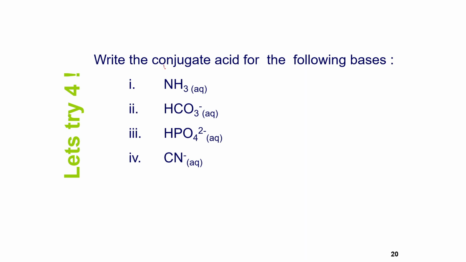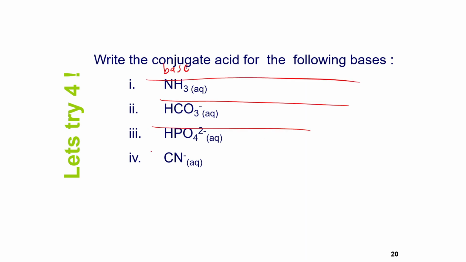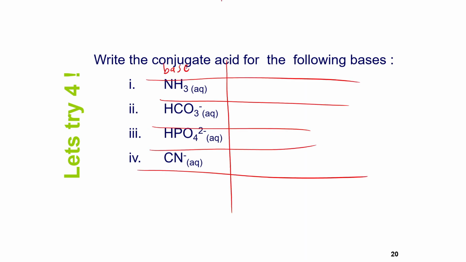So ini semua ialah base. So kita tahu base ialah proton acceptor. So conjugate acid akan ada 1 extra hydrogen compare dengan base. So receive 1H+, so NH3 form NH4+.